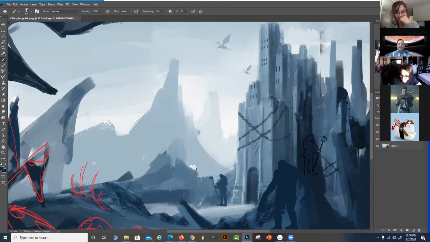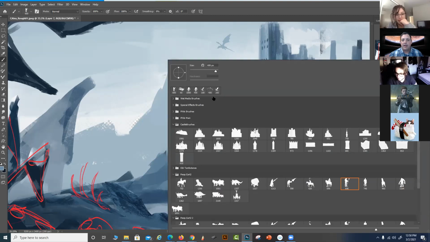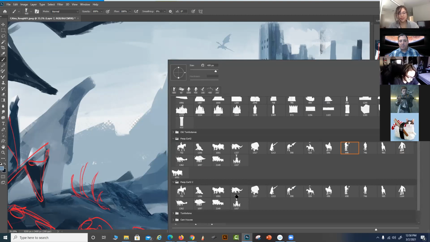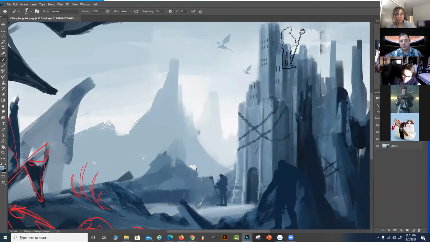Yeah, I love this. You know what? Now you gave me another idea. What if there's statues out in the front and the statues come to life? You could have these cool statues that are painted like statues, and that's part of the whole narrative. I have some other brushes I made once, I'll have to find them. If not, I can make you some.